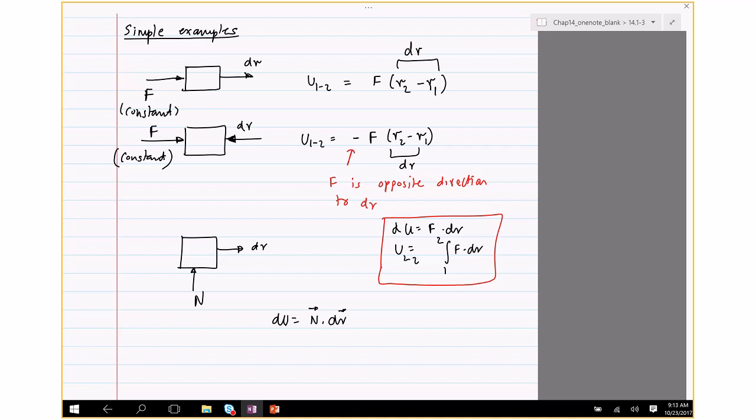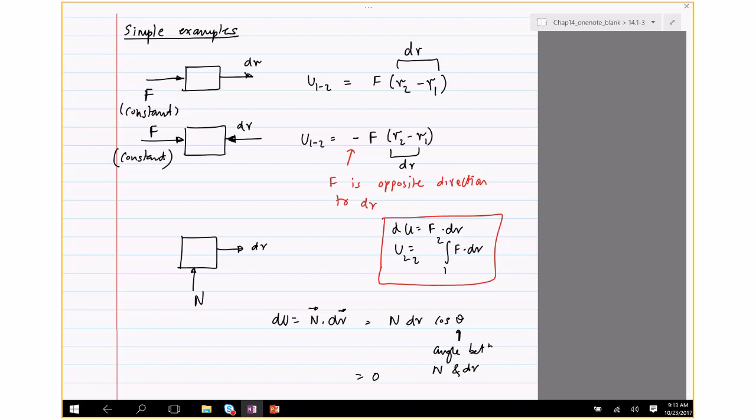N is at right angles to dr. So the dot product is going to give you its cosine. This is the same as N times dr cosine of theta, where theta is the angle between N and dr, right? That's the definition of dot product. So this is going to be 0. Clearly, N doesn't do any work in moving the block to the left or right.